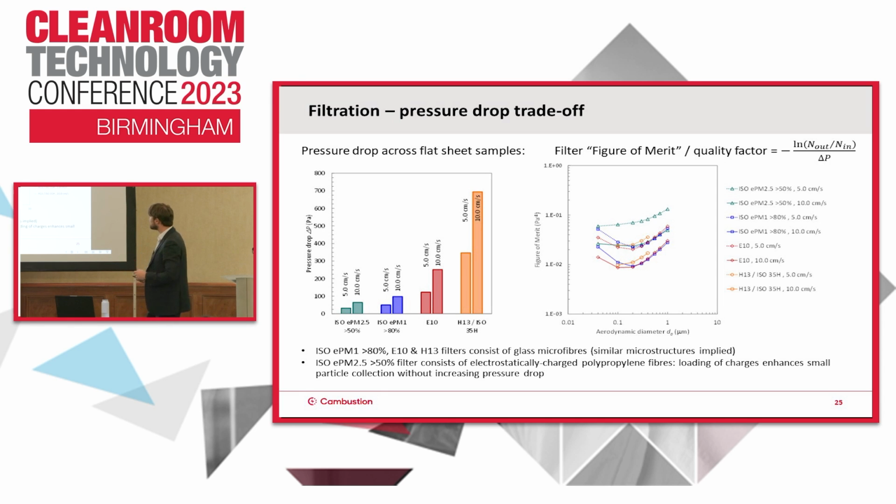And indeed, they all consist of glass microfibers. Whereas the green, which is sitting a little higher in terms of its trade-off between filtration efficiency and pressure drop, consists of electrostatically charged polypropylene fibers. So the loading of those charges in that filter medium has enhanced the particle collection without an associated pressure drop penalty.